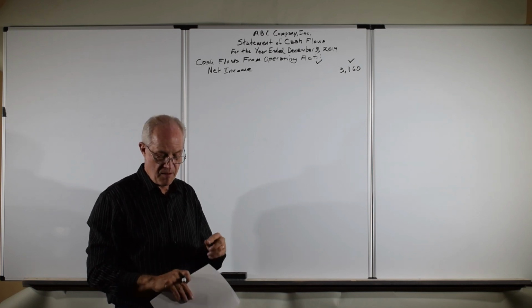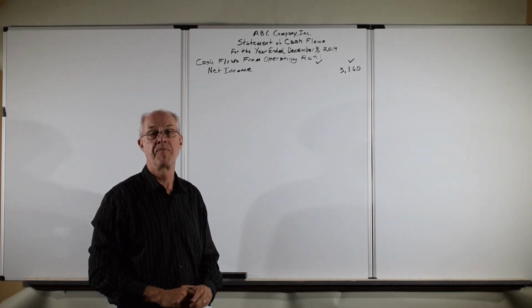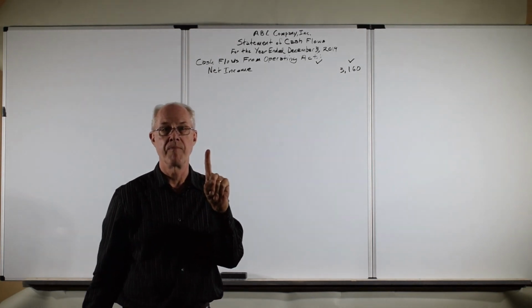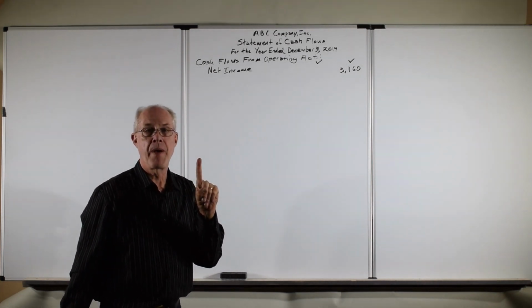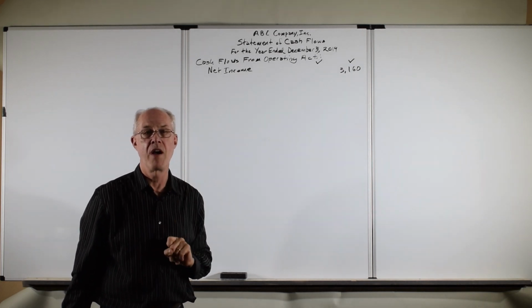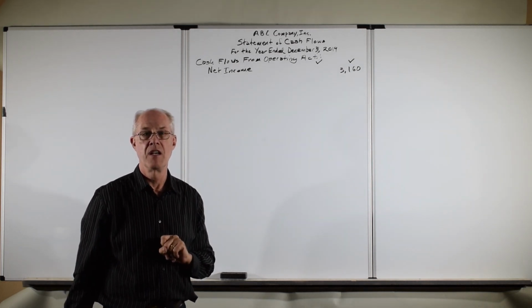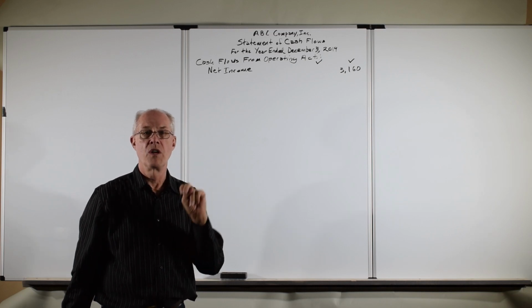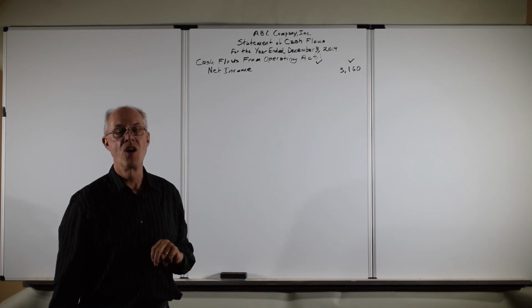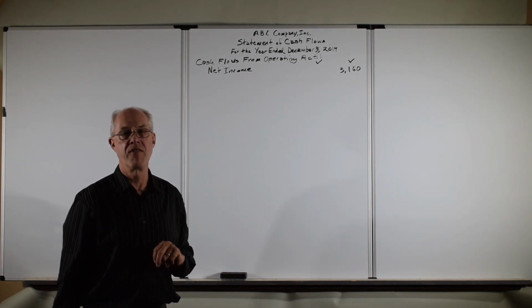And it's a little bit easier said than done. To do this, we're going to take 3 steps. Number 1, we're going to remove the impact of all non-cash revenues and expenses. Number 2, we're going to remove the impact of any gains and losses on the sale of investments.